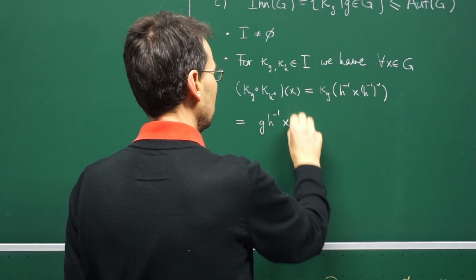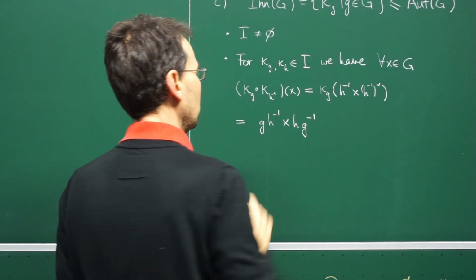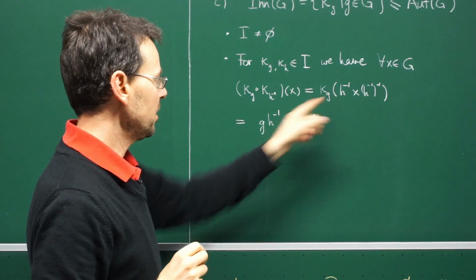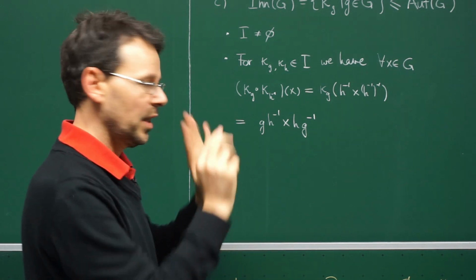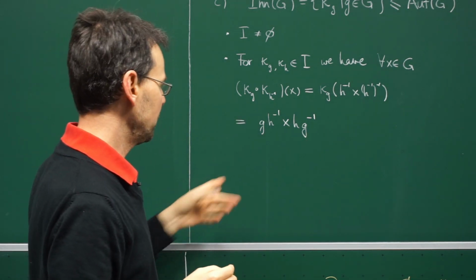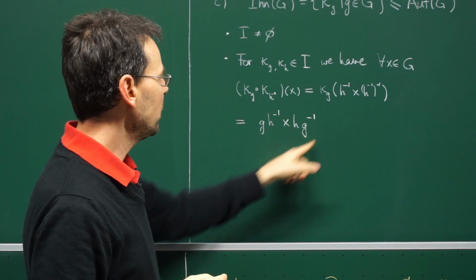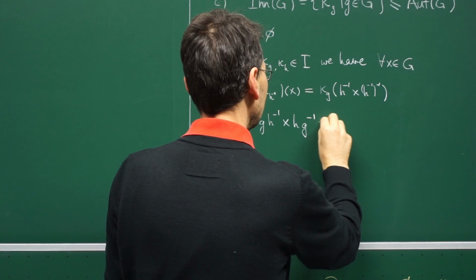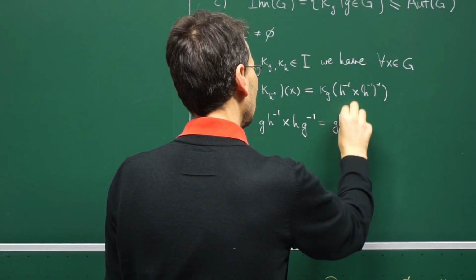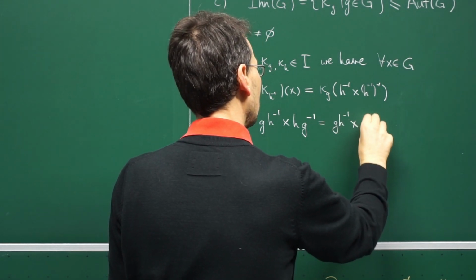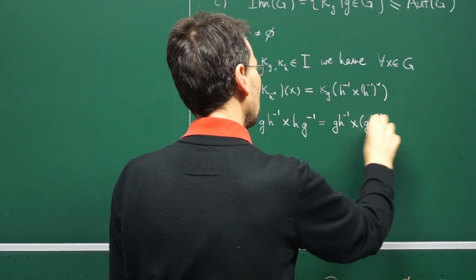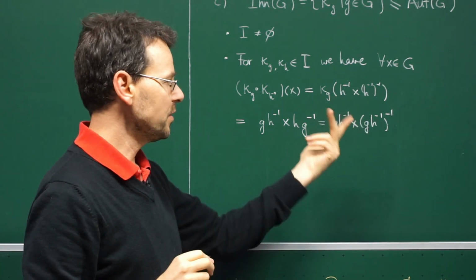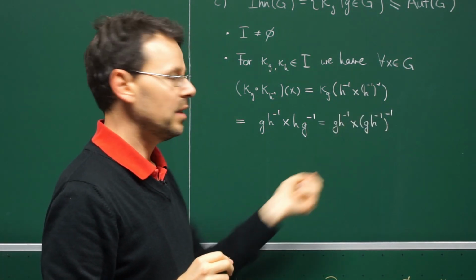This is the definition of kappa sub H inverse. Now this is simply H, and this here is the definition of kappa sub G. And again, no parentheses needed because of associativity. And now we need to see that this again is conjugation with one element, and for this we write this here like that. We reverse the order and then take the inverse.